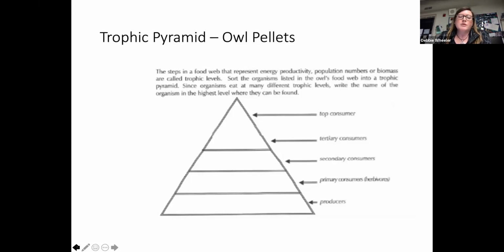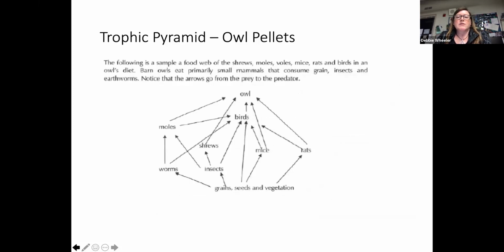Okay, I'm going to take you back to that food web. Now, if you'll use your pyramid and go ahead and fill these in: producers, primary consumers, secondary consumers, tertiary consumers.